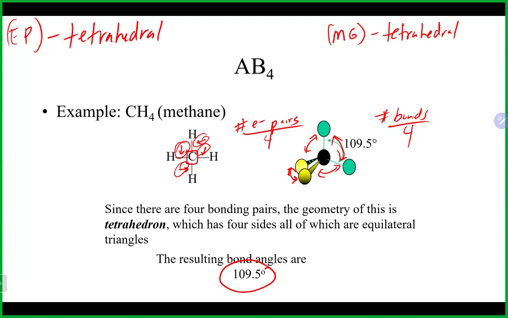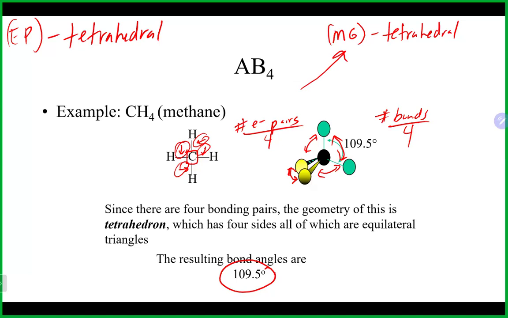So out of these 2 names, the name that will start to change is actually the molecular geometry. And the reason for that is the electron pair geometry stays the same because there's still the same number of electron pairs, but one of them is now not a bonding pair of electrons. They're a non-bonding pair of electrons.